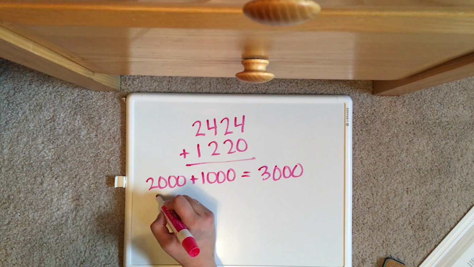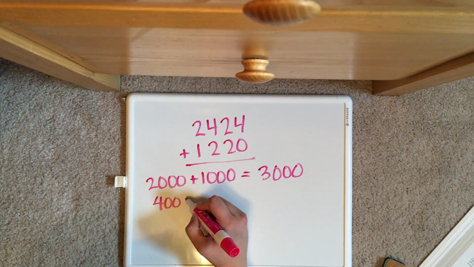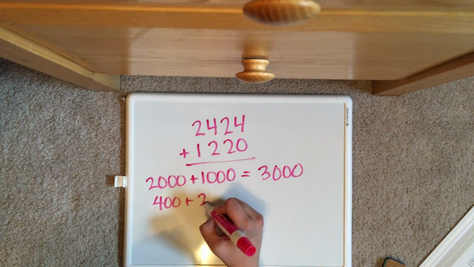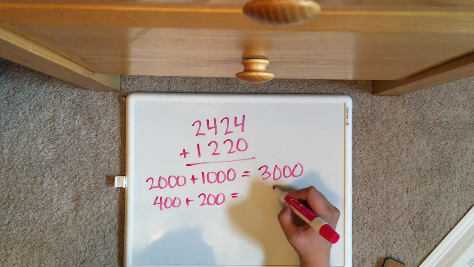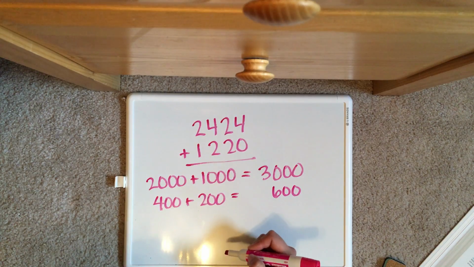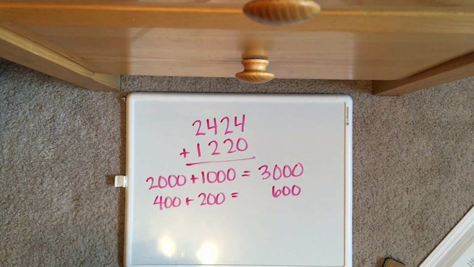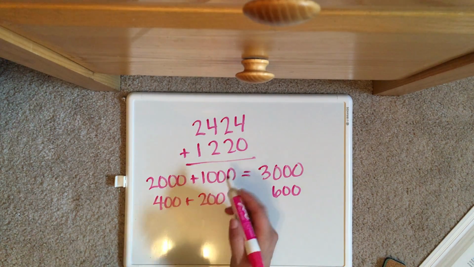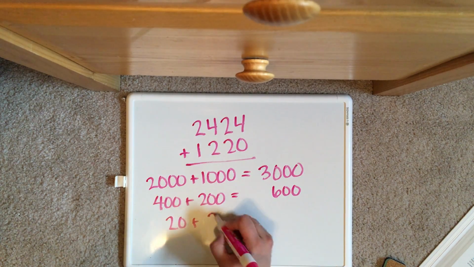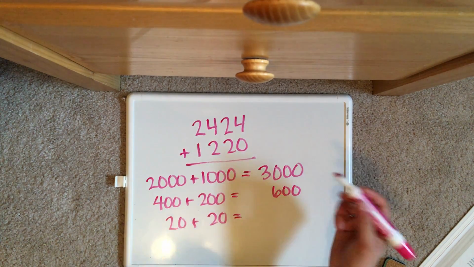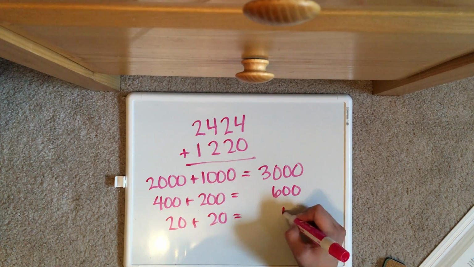We have 400 plus 200. That will give us 600. We have 20 plus 20, and that will give us 40.